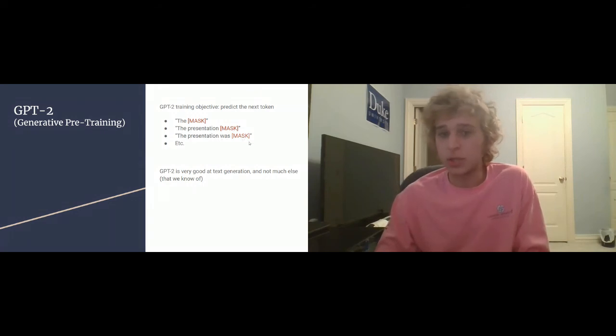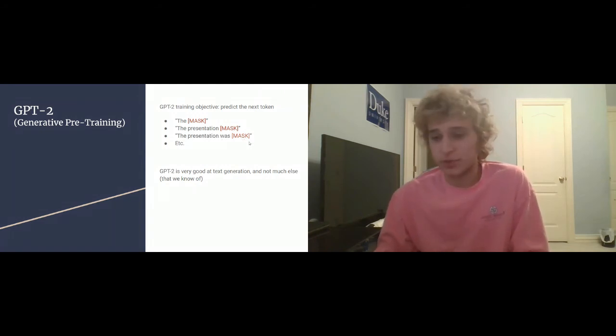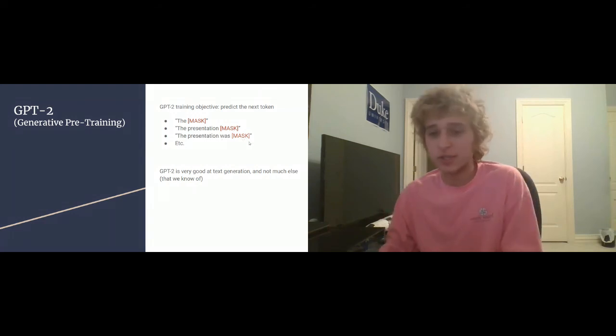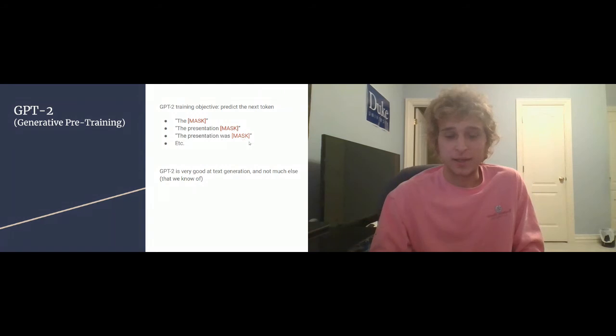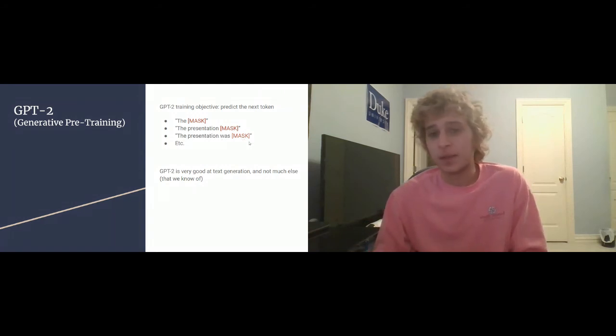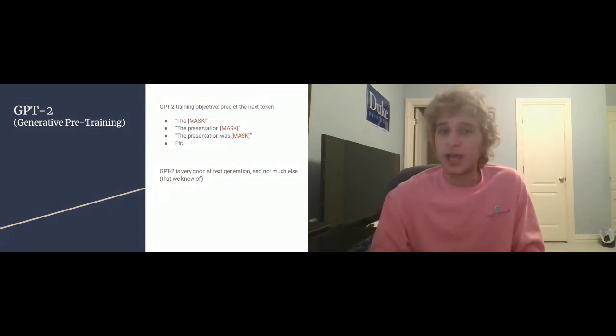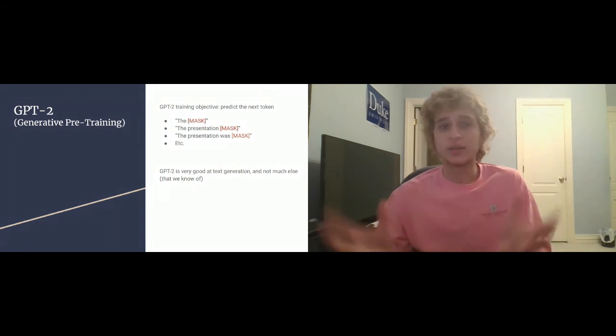So GPT-2 is really, really good at text generation. There's some kind of wild examples. When I first read some of the outputs from GPT-2, I was very, very shocked at how well it was generating text. But it's not quite as good at the wide spectrum of tasks as BERT.